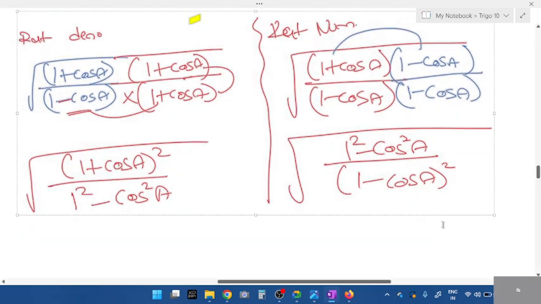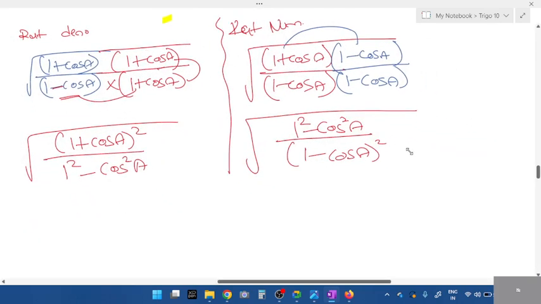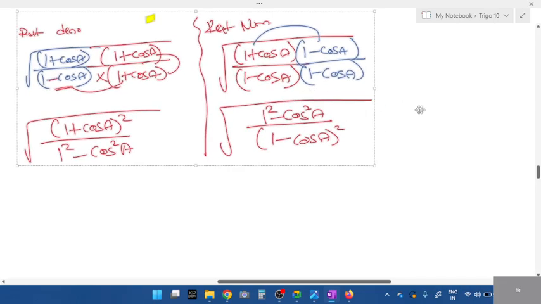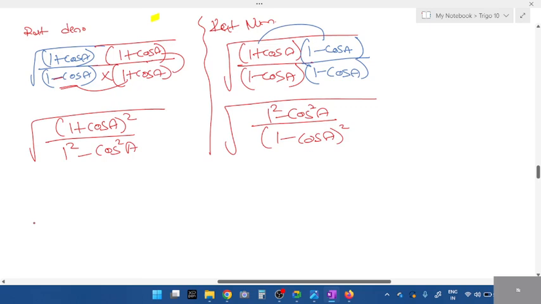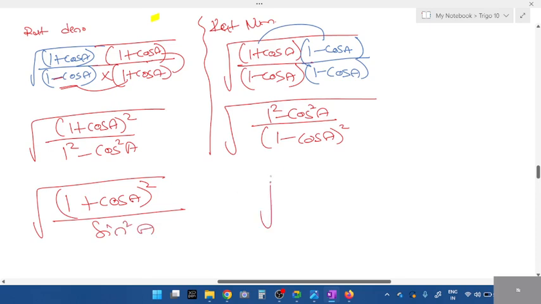Make a note of this, students. Write the difference between rationalizing numerator and denominator. Then this you can write as 1 plus cos A the whole square divided by 1 minus cos square A, which is sin square A. And here you can write sin square A divided by 1 minus cos A the whole square.